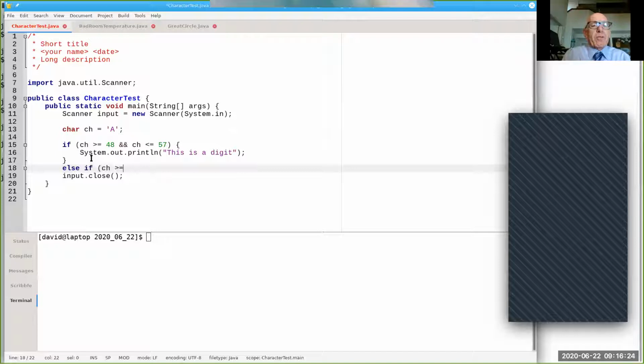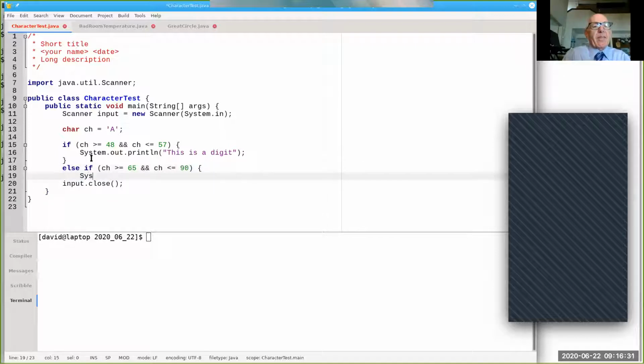Otherwise, if ch is greater than or equal to 65 and ch is less than or equal to 90, okay.